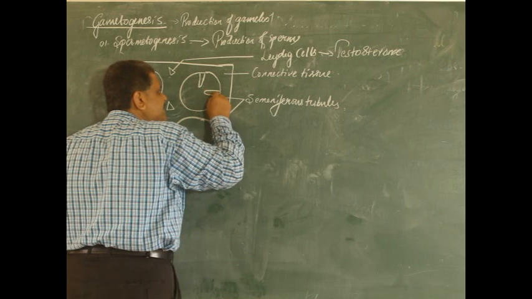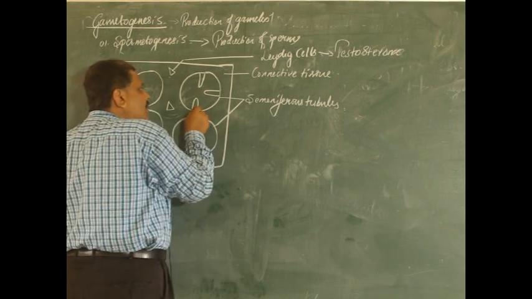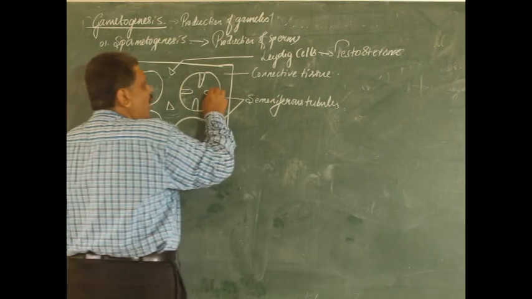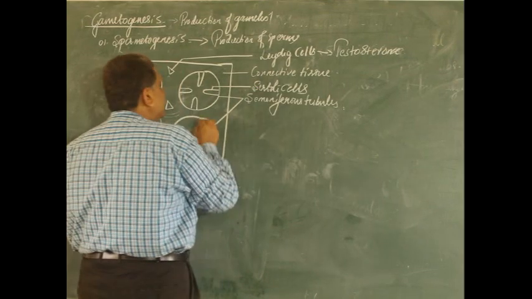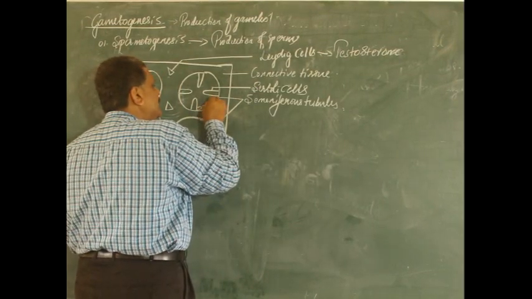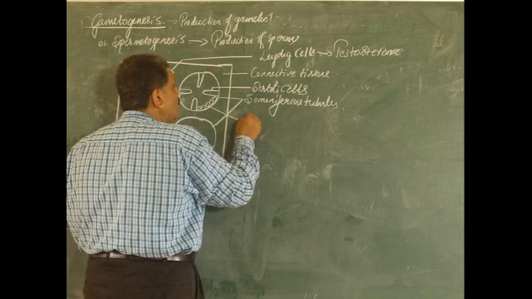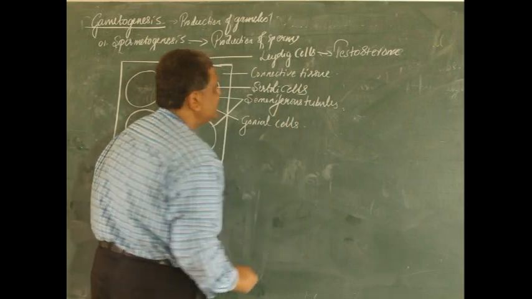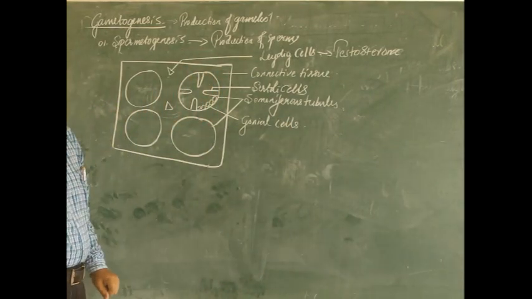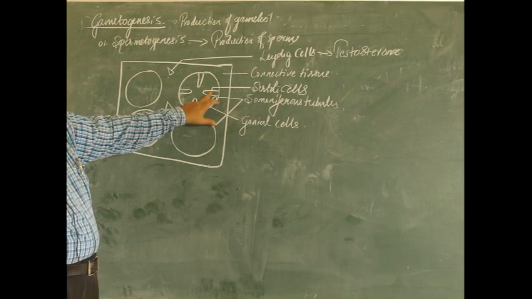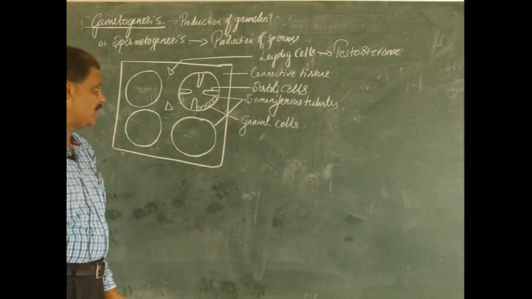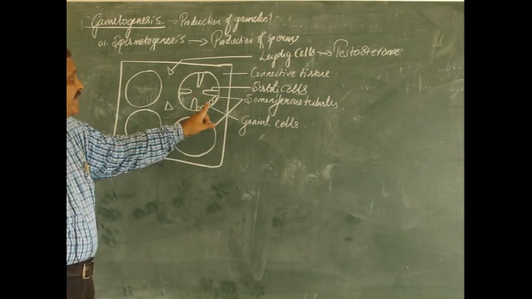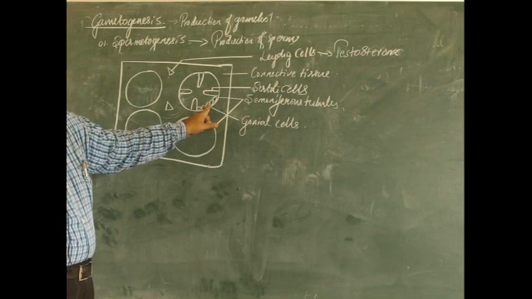One is called Sertoli cells and the other one is called gonial cells. These long pillar-like cells are called Sertoli cells. And it also possesses special cells. They are called gonial cells. Sertoli cells are responsible for producing the nutrients to feed the sperms. But gonial cells undergo many mitotic and meiotic divisions to produce the sperms.